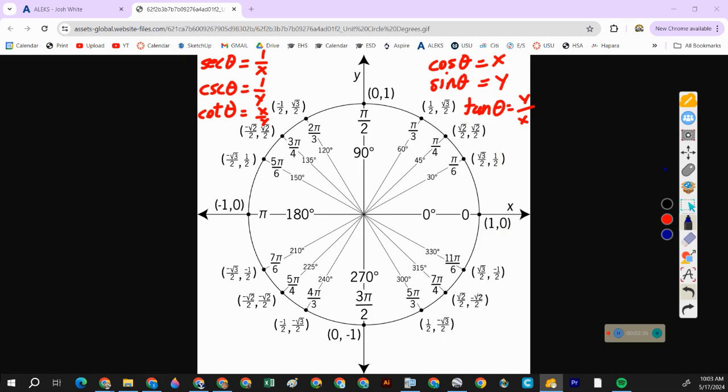Okay. What about the secant of 17 pi over 4? Well, in fourths, how far is it to get to there? That's pi, also known as 4 over 4.